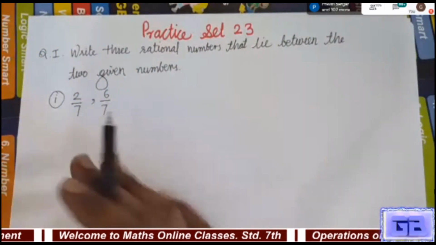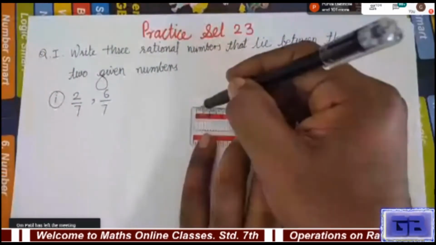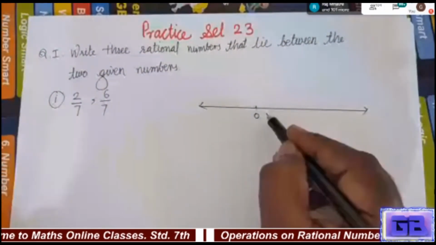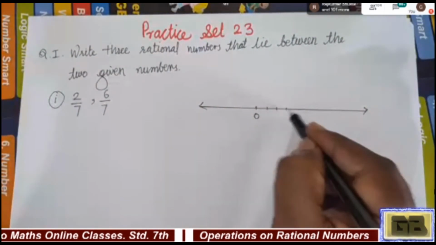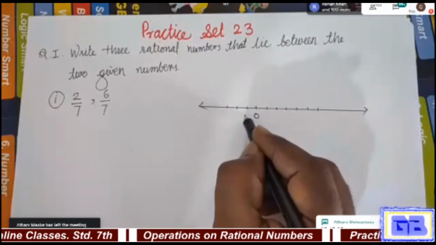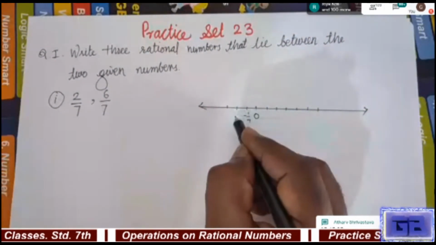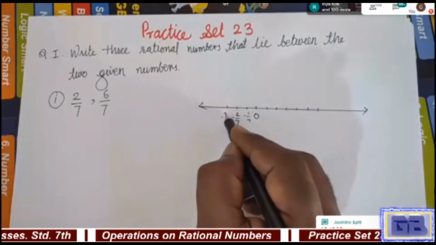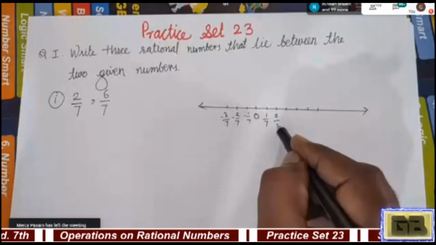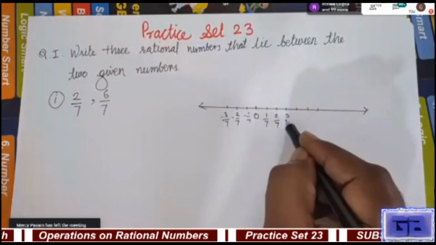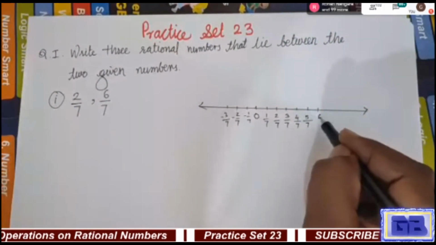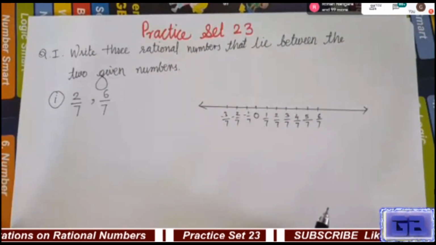Now it's very simple. If we see a number line, here I will write 0, and negative 1 upon 7, negative 2 upon 7, negative 3 upon 7, and here 1 upon 7, 2 upon 7, 3 upon 7, 4 upon 7, 5 upon 7, and 6 upon 7.